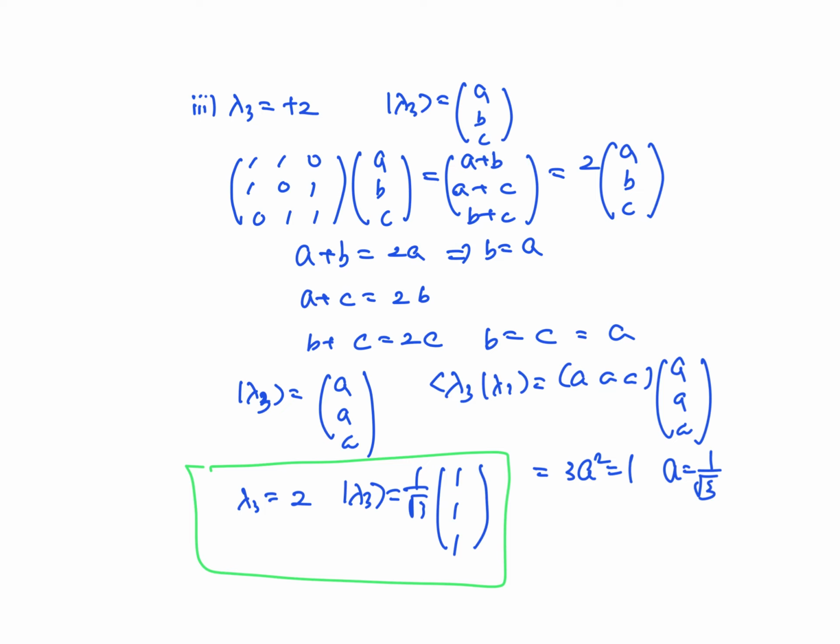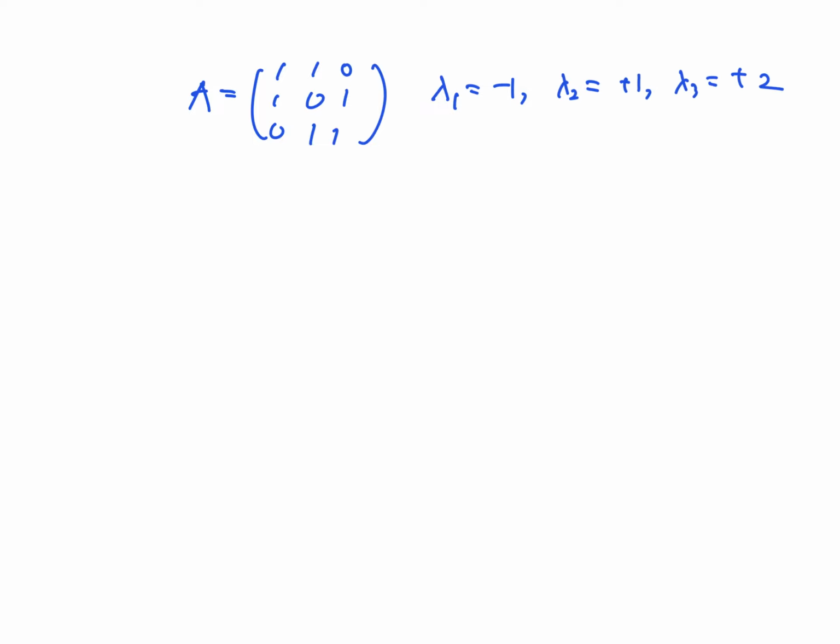This is what we have been doing. A. This is Hermitian. We have 3 eigenvalues, right? Lambda 1 is -1, lambda 2 is +1, lambda 3 is +2.